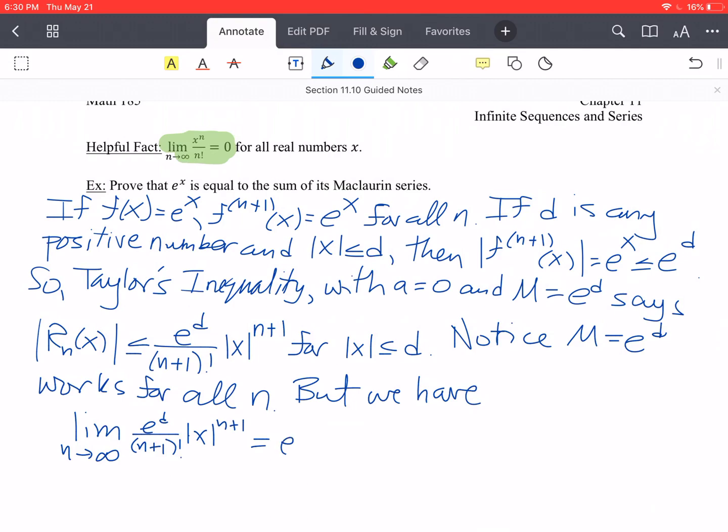We can pull it out of the limit entirely. So we just get absolute value of x to the n plus 1 over n plus 1 factorial. This comes back to this property up here. That relationship tells us this limit is going to be 0. Okay, so we're using, again, this property up here tells us that that limit is 0.